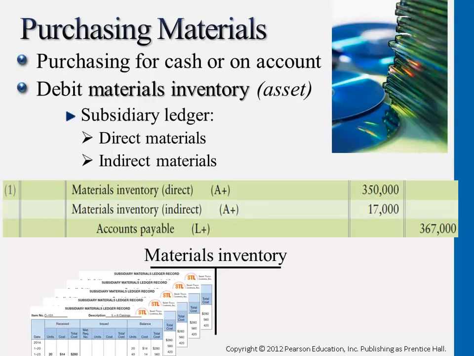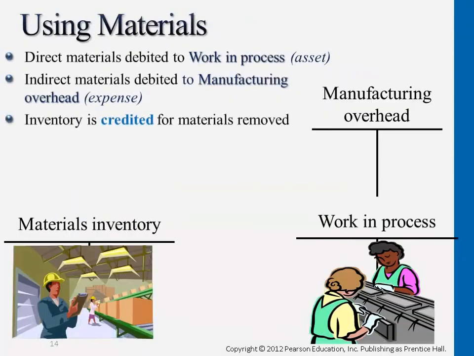When we start using the materials, we want to determine which part is the direct materials we're using, which part is the indirect materials we're using, right? So following this entry, this is purchasing materials, increasing our asset, and then we assign the portion of assets as main materials into work in process, minor materials into manufacturing overhead.